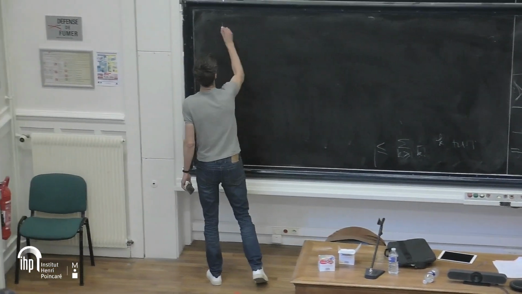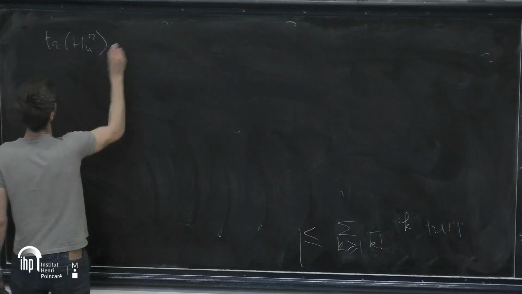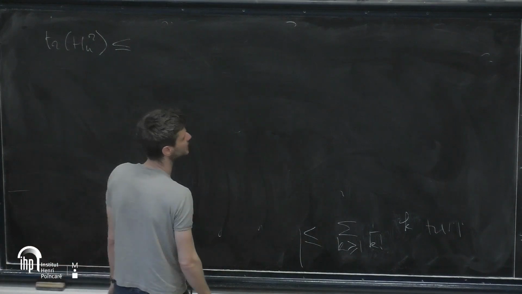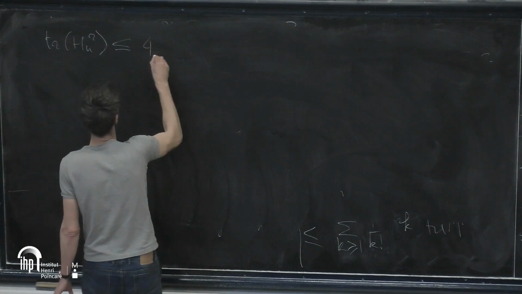Okay, so trace H_u squared is less than 4.